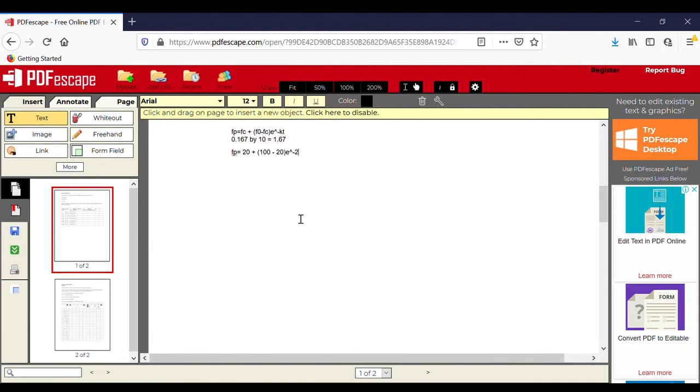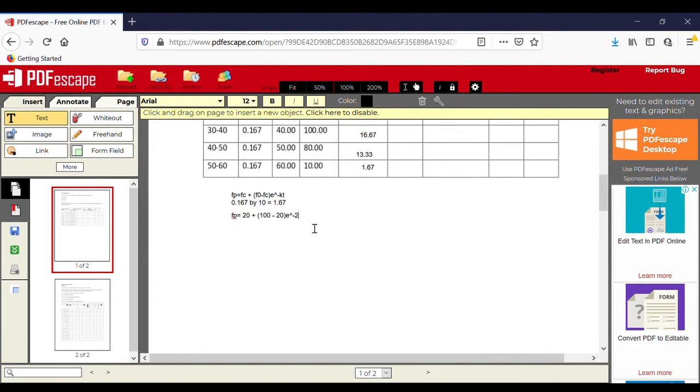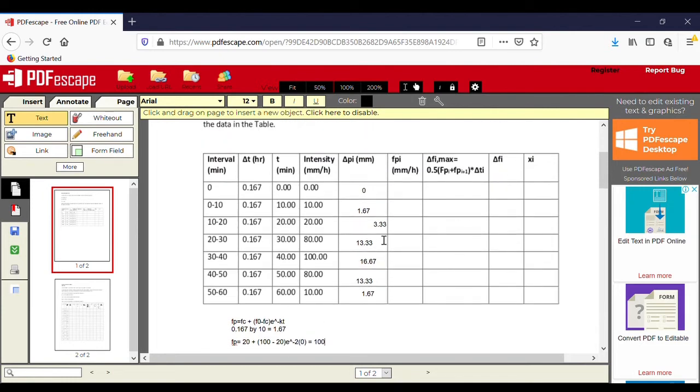So you come here, the first will be bracket 0, and when you put that in your equation, you would get the value equal to 100, and that will be the value here.